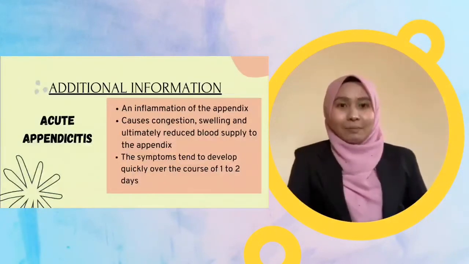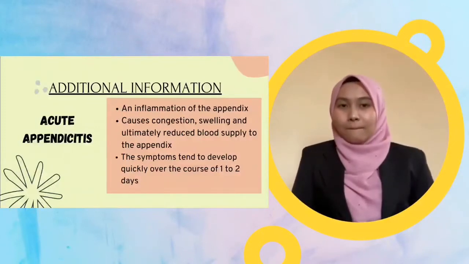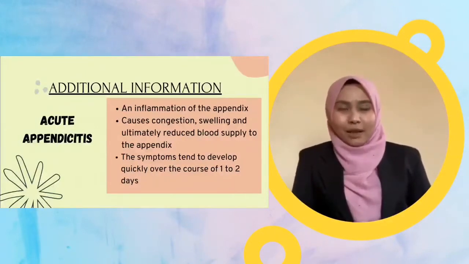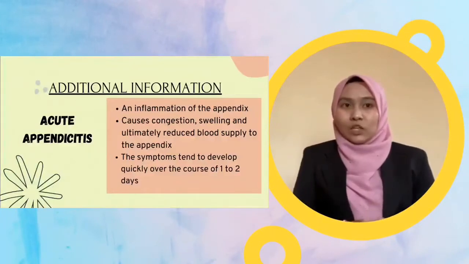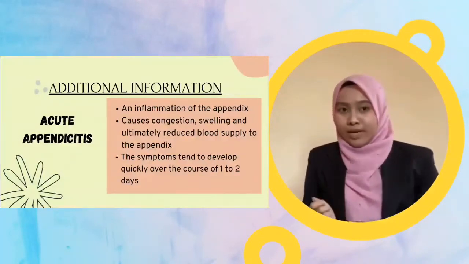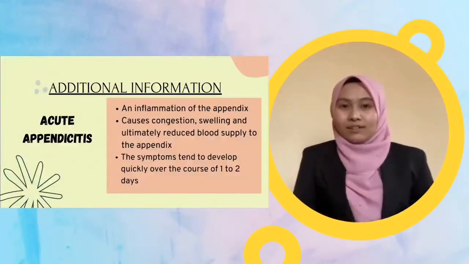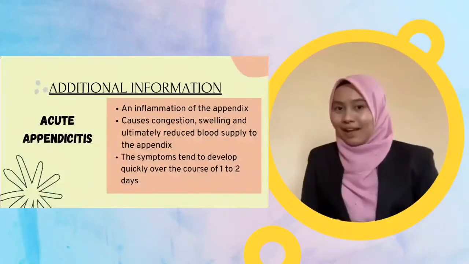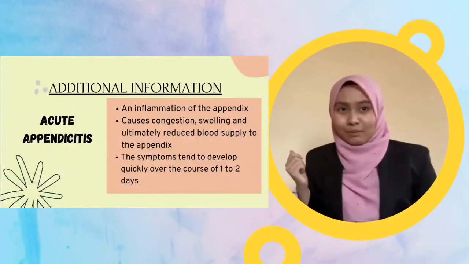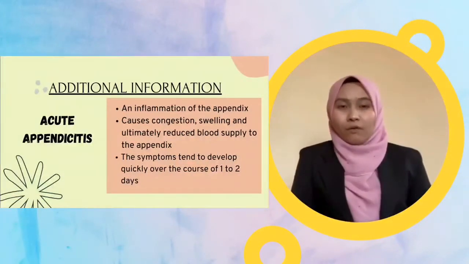Signs and symptoms of appendicitis may include sudden pain that begins on the right side of the lower abdomen, sudden pain that begins around your navel and often shifts to your lower right abdomen, pain that worsens if you cough, walk, or make other jarring movements, and loss of appetite. These symptoms tend to develop quickly over the course of 1 to 2 days.